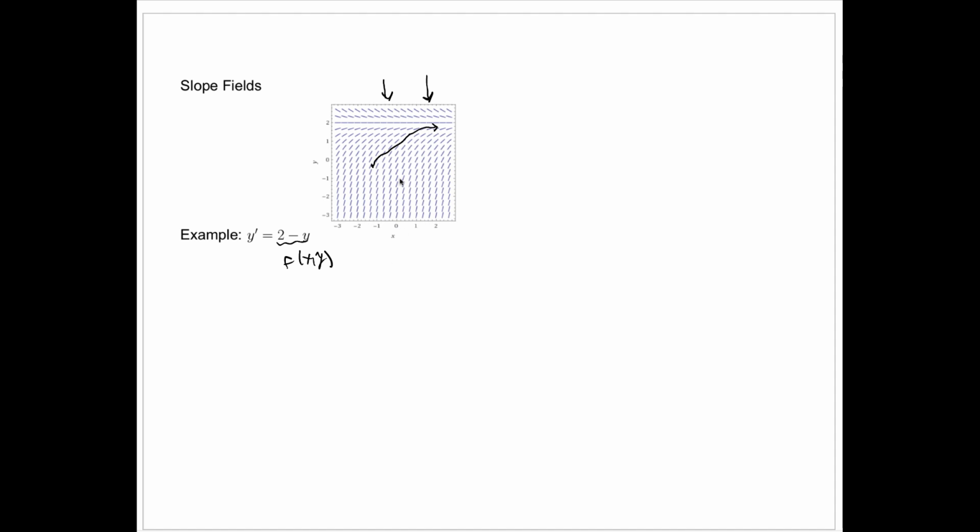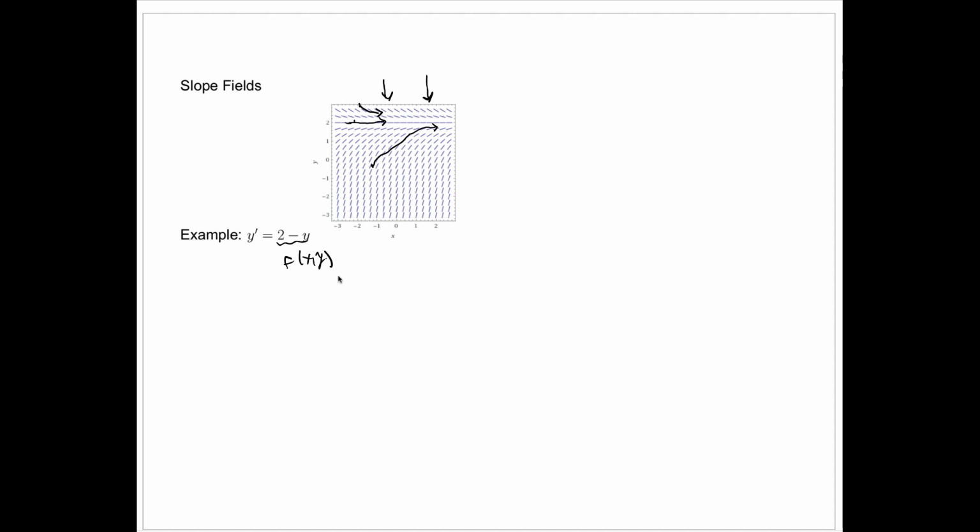You're going to get something that looks like this. Notice if you start right here where y equals 2, your solution will just be the constant y equals 2. And if you start a solution above the line where y equals 2, you'll get solutions that look like that.